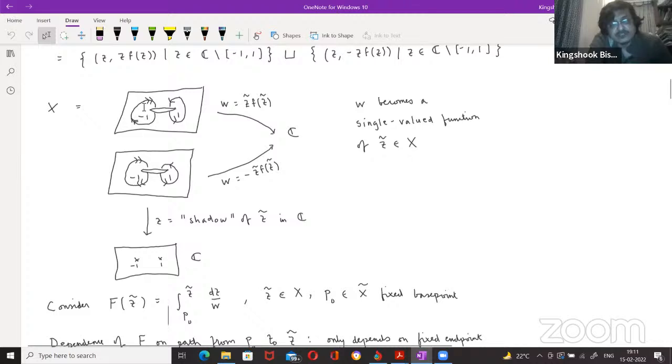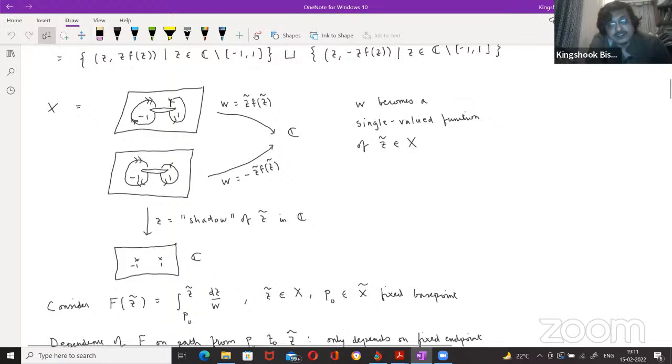So just to get a picture for what this looks like, I've drawn two loops here. So if I start at a point in the top sheet and turn around like this, I'll come out in the bottom sheet. And if I keep turning again, I'll pass through here and come back out in the top sheet. So if I turn around twice around -1, then I'll come back to where I started.